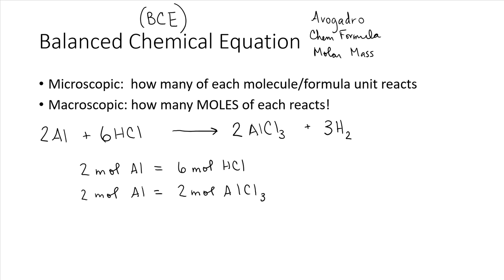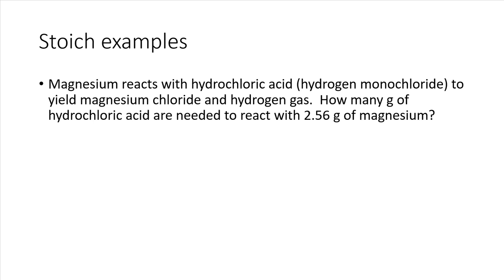You can say 3 moles of hydrogen are formed from 6 moles of hydrochloric acid. Product to reactant. Okay, so all of these innocent looking coefficients tell you microscopically the number of atoms and molecules and units to each other, and macroscopically how many moles of each.